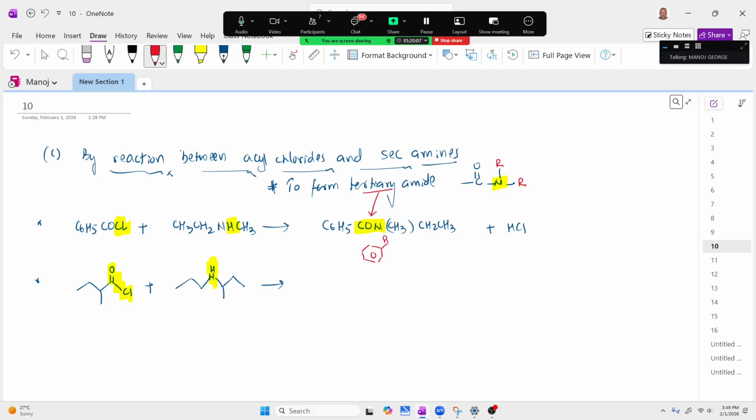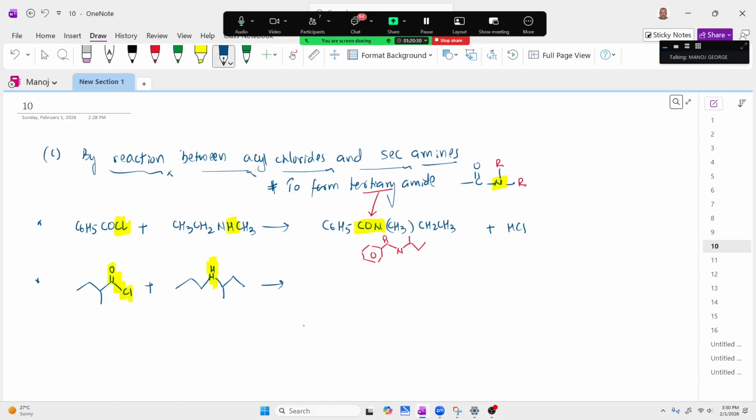That's the C double bond O, and that's your N. And then N has a bond here. That's the CH3, and that's the two carbons. Got it? That's the CH2, CH3 there. That's the CH3 there. And that's the CON that you see here. That's the benzene ring. Okay?